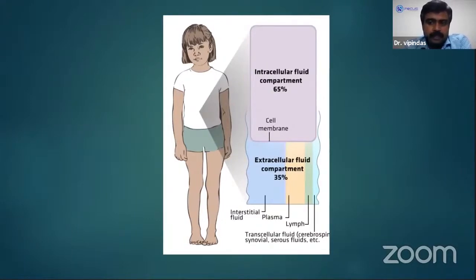This 35% includes the interstitial fluid, plasma, lymph, and transcellular fluid, that is cerebrospinal, synovial, and serous fluid. So this is 65 to 35.